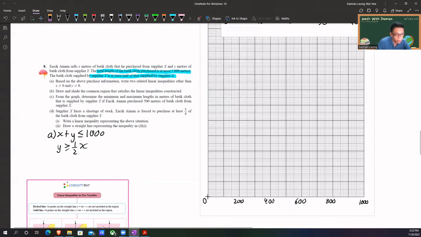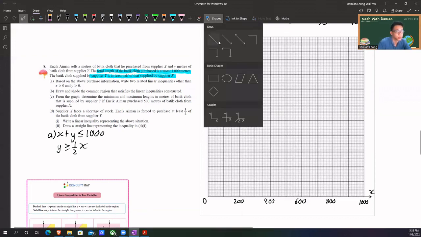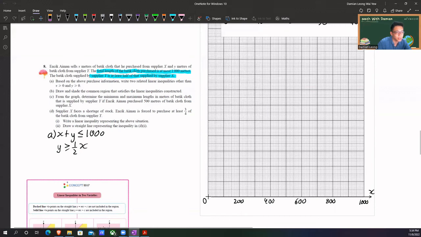Of course, if you use a different scale, 250, it's okay also. But try to fit your X and Y intercepts in. So here also 200, 400, 600, 800, 1,000. This is y, this is x.